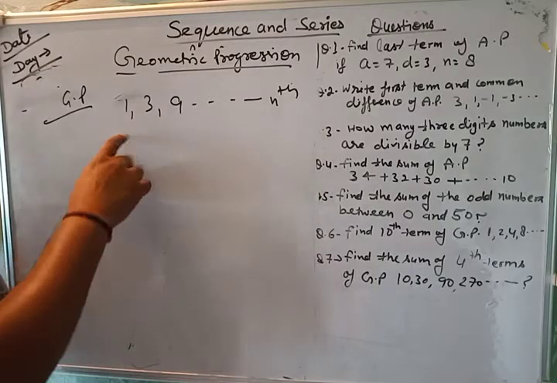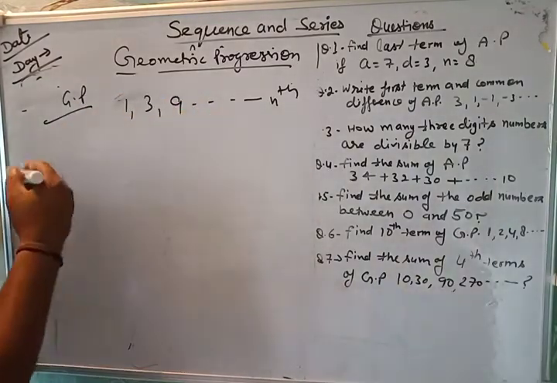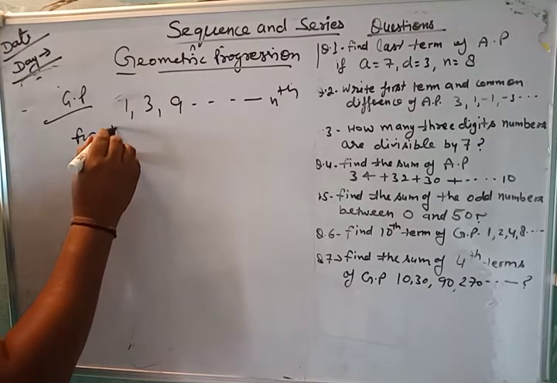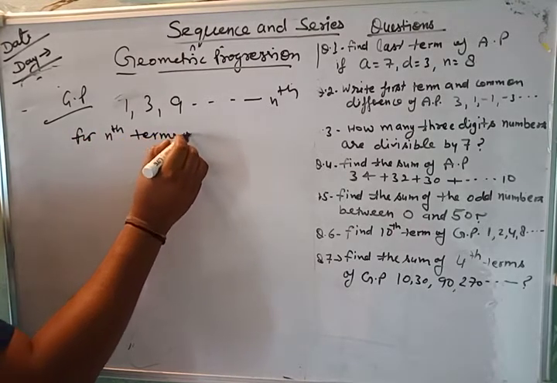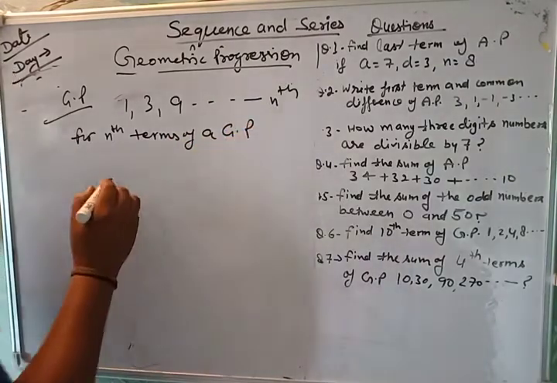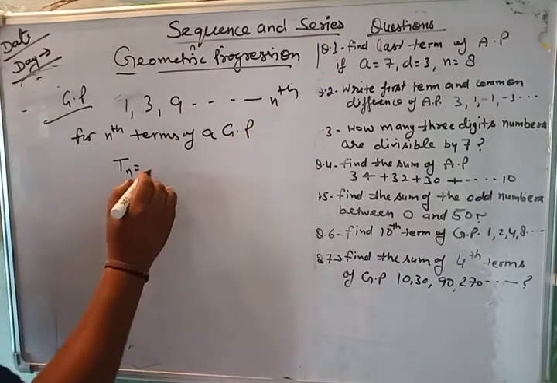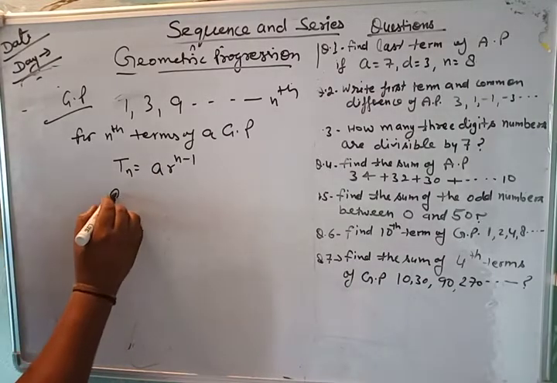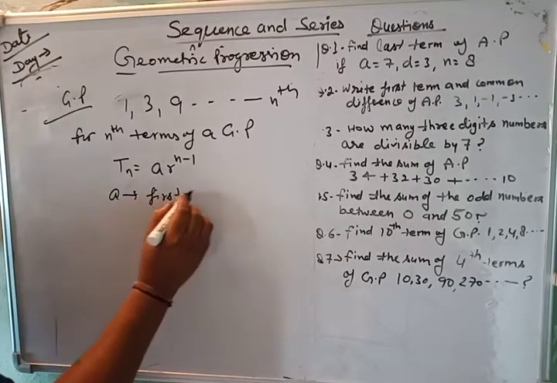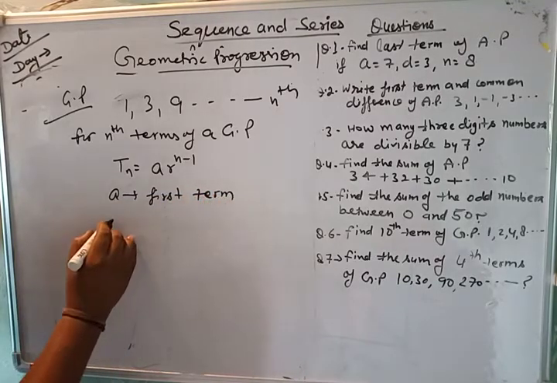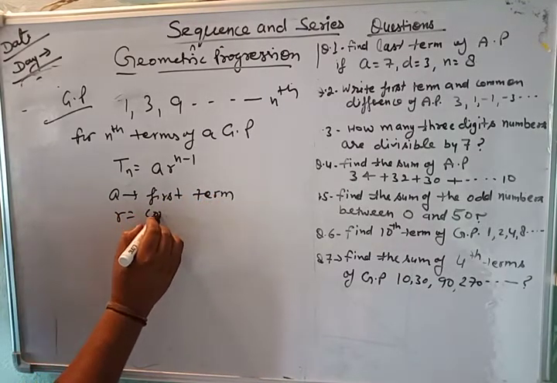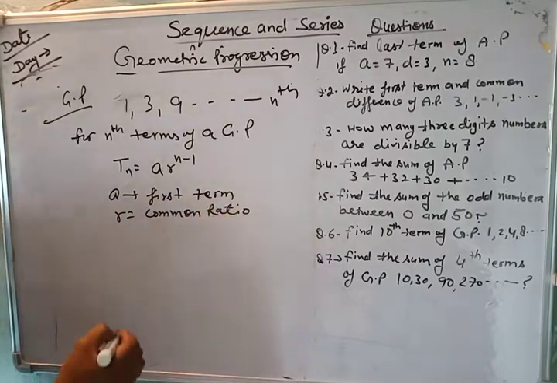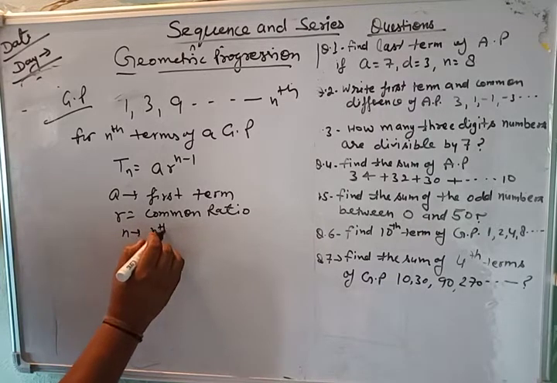तो देखो यहाँ पे now for the nth term of a GP, the formula is Tn equal to a r raised to n minus 1. Here a equal to first term, r equal to common ratio, and n equal to nth term.